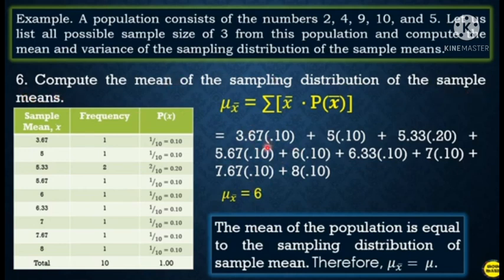So dito, pinakita ko lang sa inyo na using this formula, ay makukuha din natin yung mean of the sampling distribution of the sample means. Pero, once na nakuha natin, di ba sa step number 1 natin is to compute the population mean. So, kung may sagot na kayo sa step number 1, yun din ang sagot nyo sa step number 6. Okay?